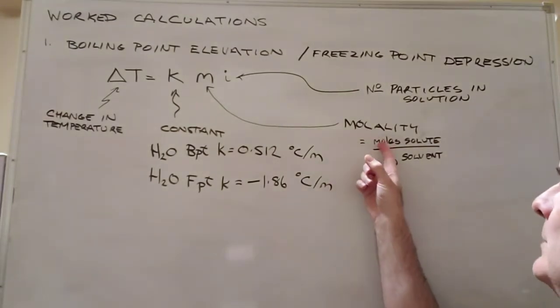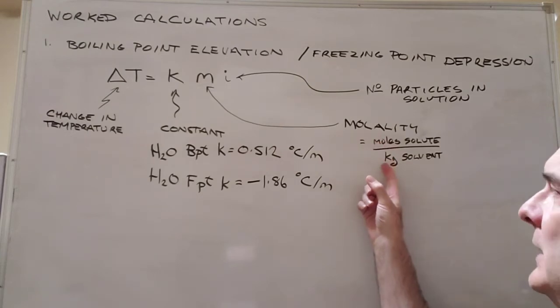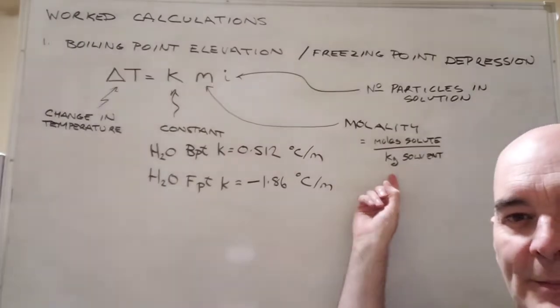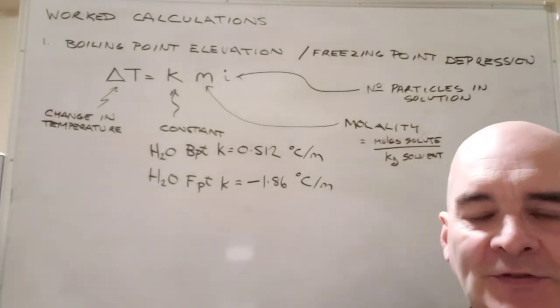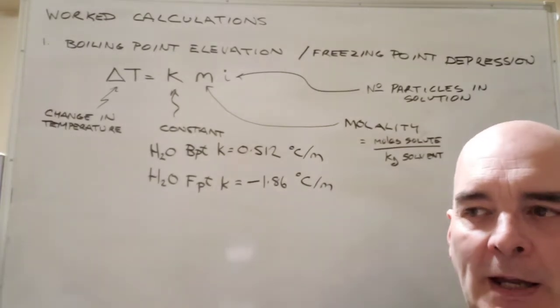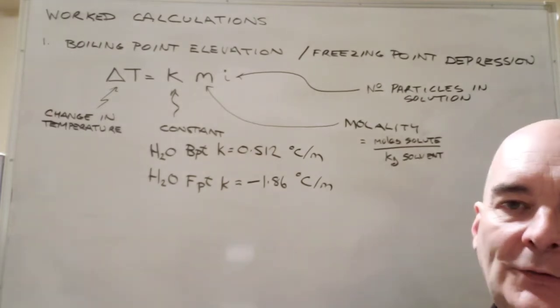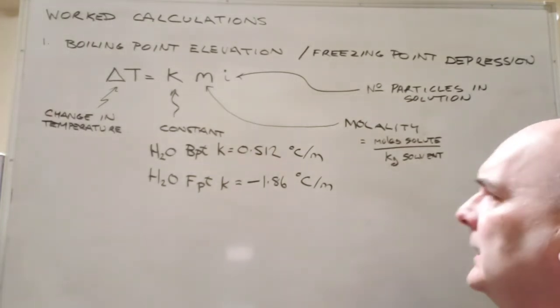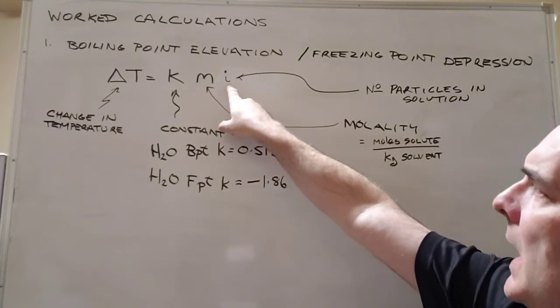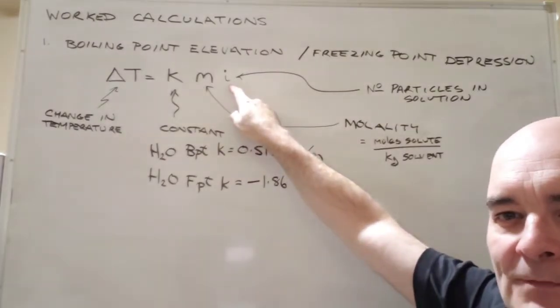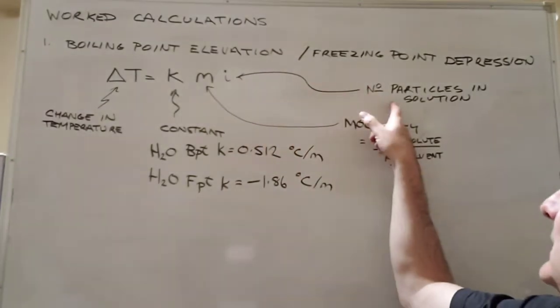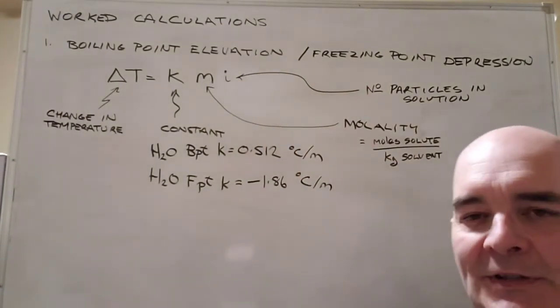And molality is moles of solute divided by kilograms of solvent. Remember, molarity was moles of solute divided by liters of solution. So this one's ever so slightly different. And then i is something called the van 't Hoff factor, which basically just is the number of particles in solution.